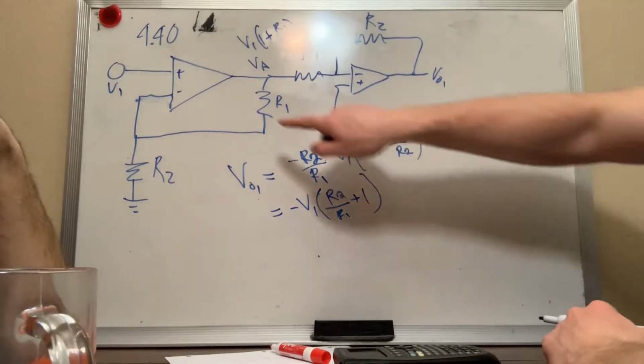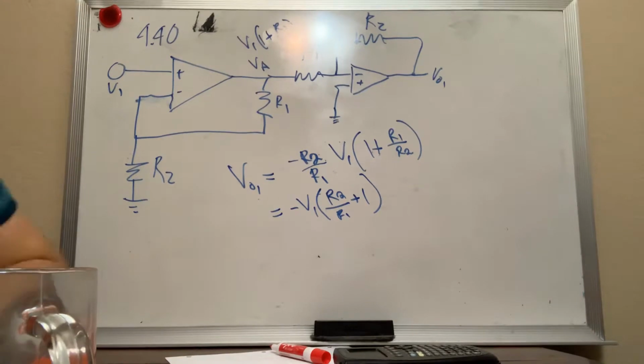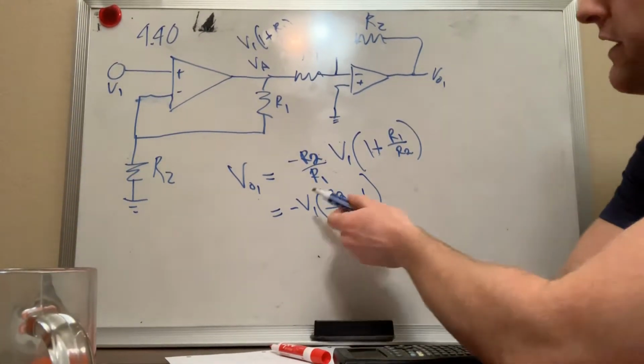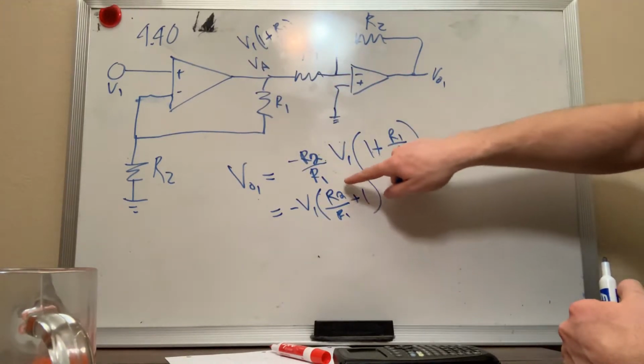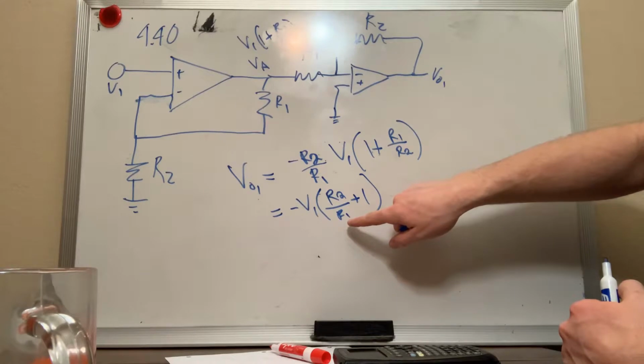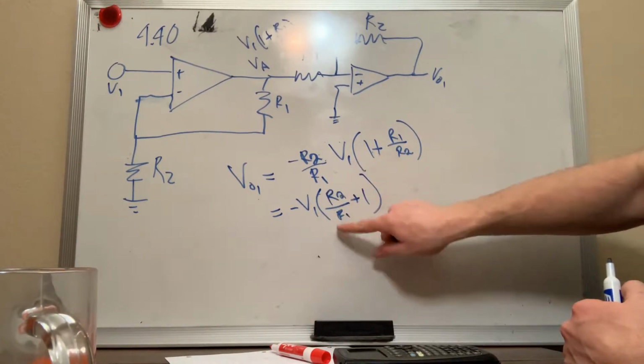The gain of a non-inverting stage is the feedback resistor divided by the source resistor plus 1. And so this looks like we're in the right form.